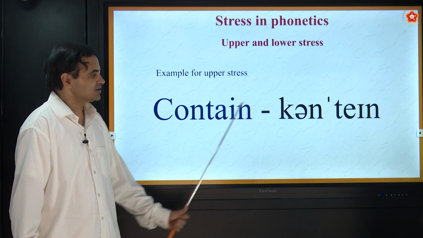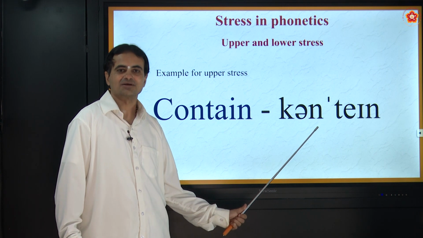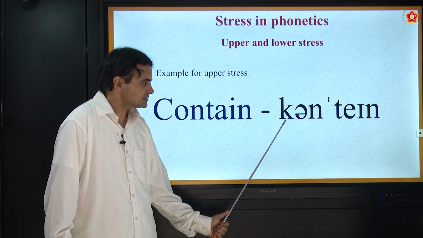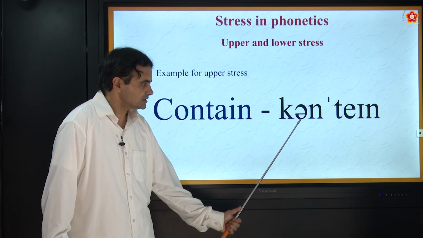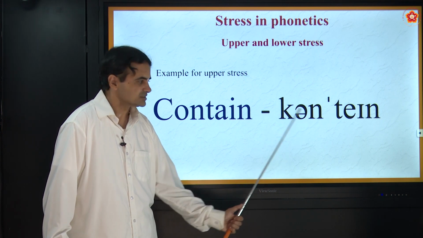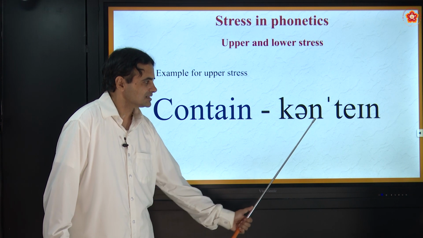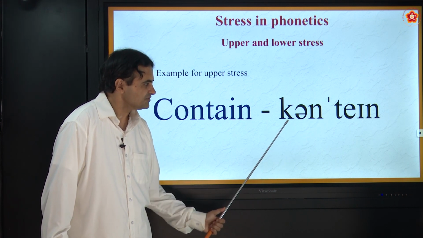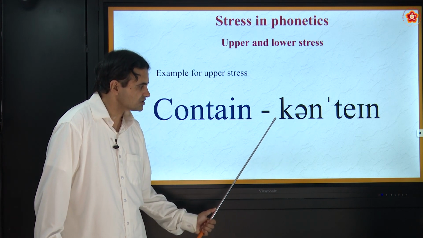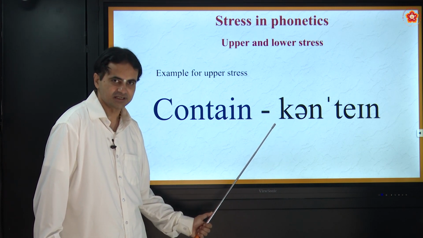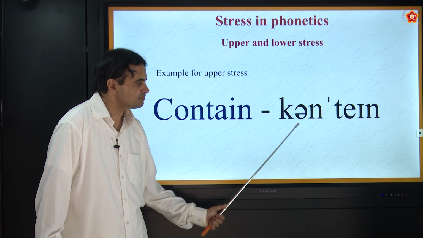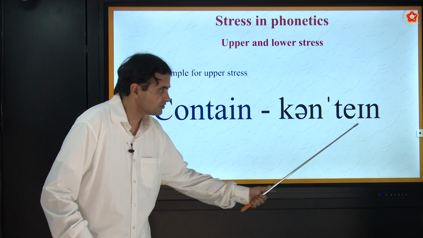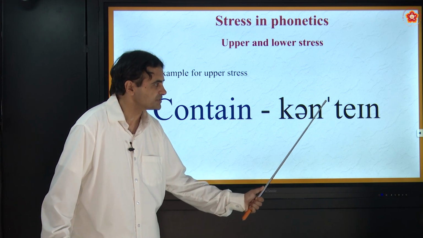Why is it contain? Because this is the phonetic pronunciation, the right pronunciation. Let's see this word. K, consonant sound, n. So this is kan. Here there is no stress, there is no dash, so this need not be pronounced much, it is almost swallowed. Whereas this is heard very clearly because there is an upper stress here.